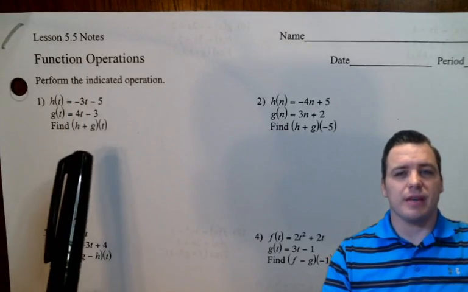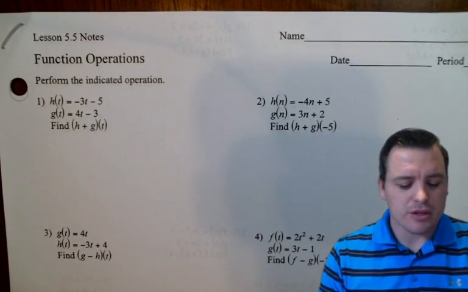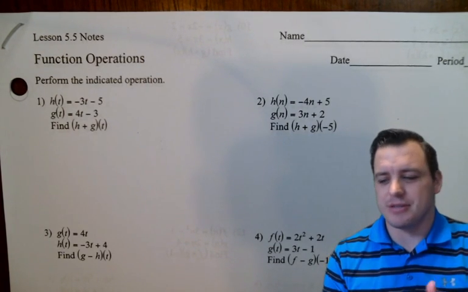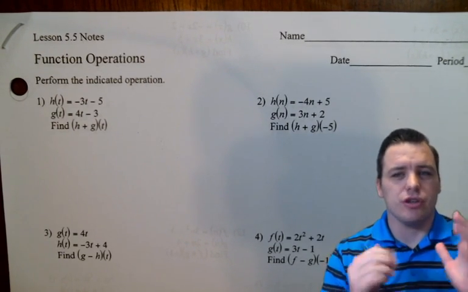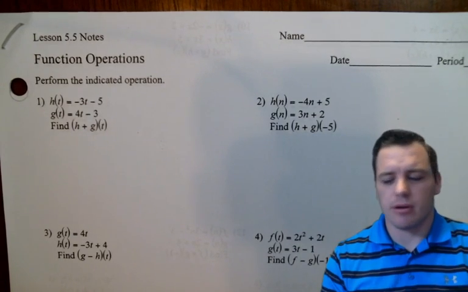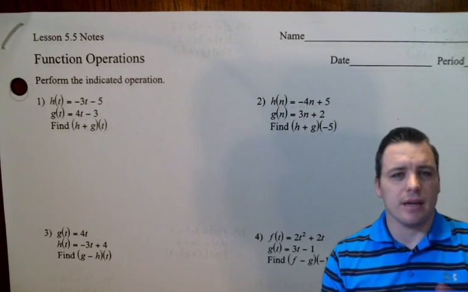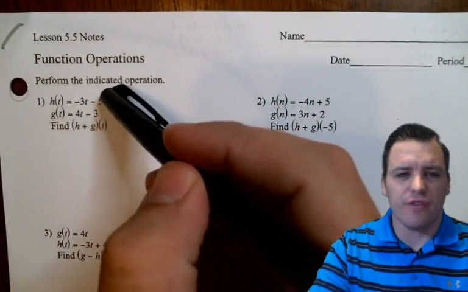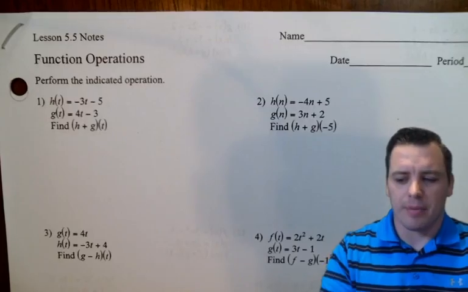But for some reason, they put function operations in here. So we will simply work this one. It doesn't have as much to do with radical exponents, but it does play a very important role in algebra, and it's your ability, when given two functions, to operate with those.